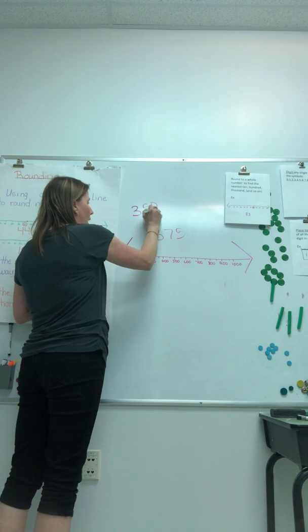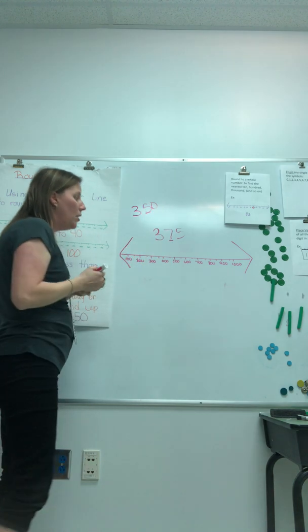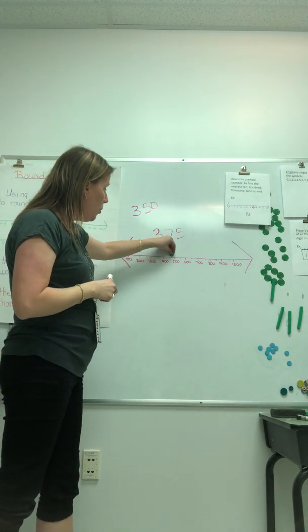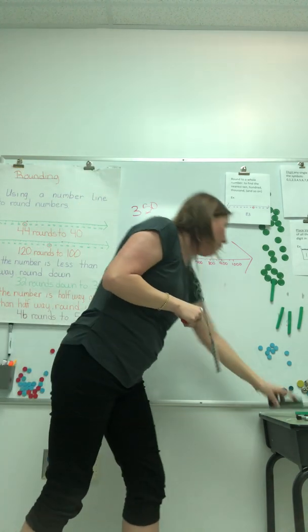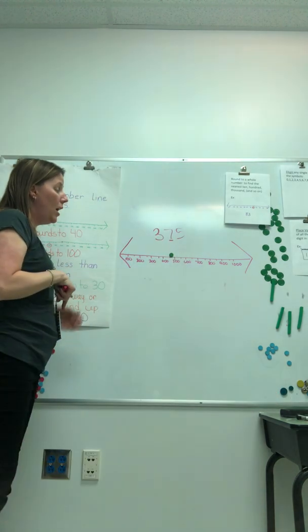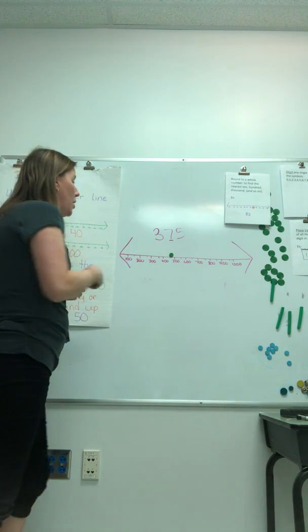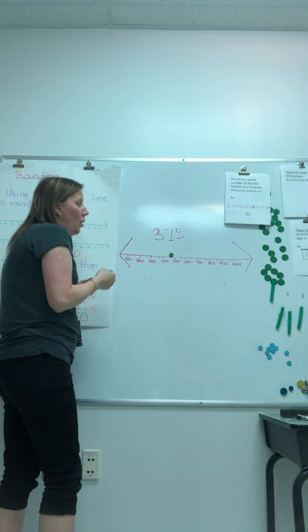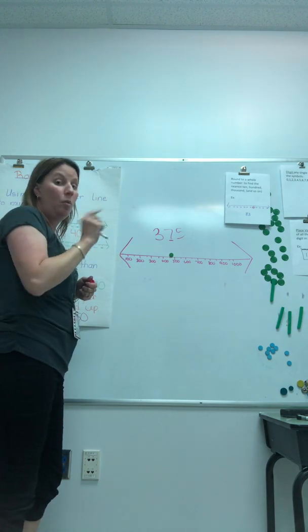350. This one has 5 tens and 7 tens. So we know that it's going to be more. So 375 is going to be past the halfway mark. So now it's your job to determine whether you're going to round down 100 or if you're going to round up 100. So we notice that this is more than halfway. So more than halfway tells me to round up.